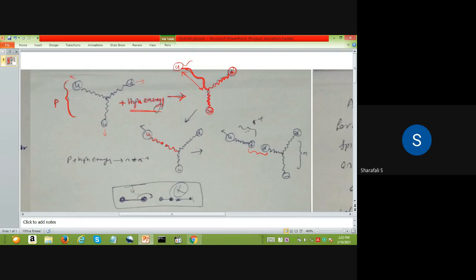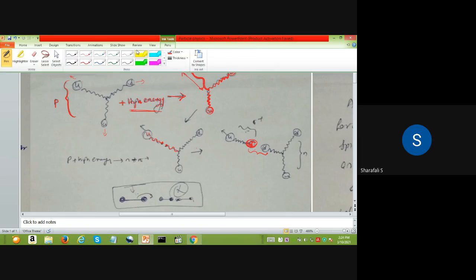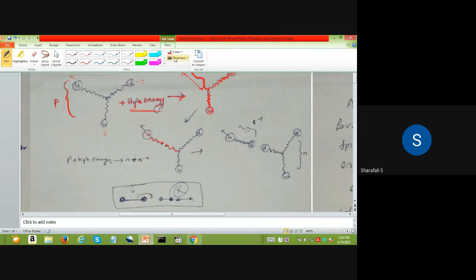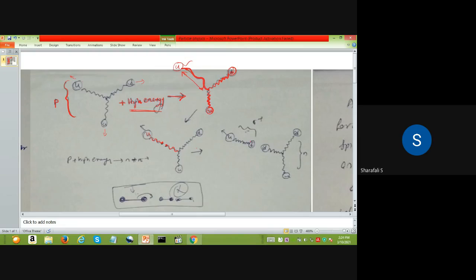That high energy itself is enough to produce this quark antiquark pair. So the antiquark which is produced will be this D bar. So because of that high energy, an antiquark and quark pair will be produced.